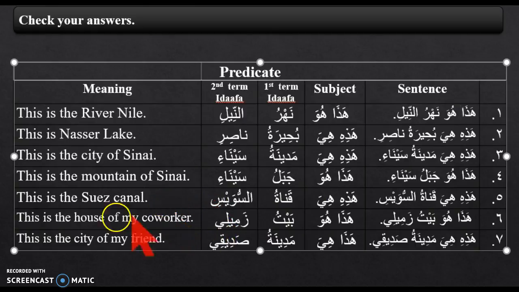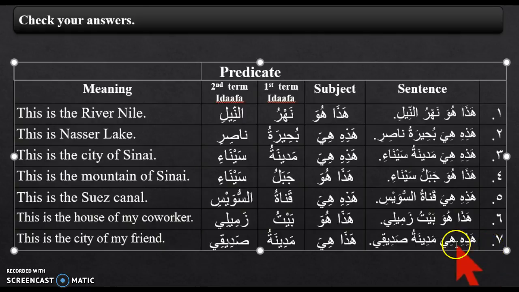The meaning is this is the Suez Canal. رقم 6. هذا هو بيت زميلي. هذا هو is the subject of the sentence. بيت زميلي is the predicate. زميلي doesn't carry any kasra because it ends with the possessive ending, my coworker, and of course there is no need for the case ending when the noun ends with the possessive ending. The meaning: this is the house of my coworker.